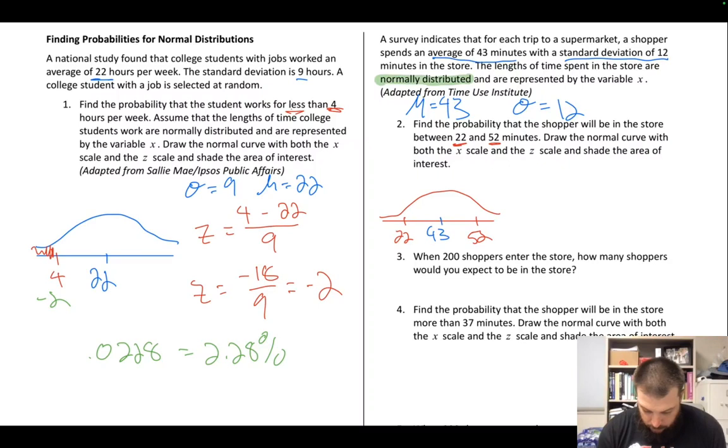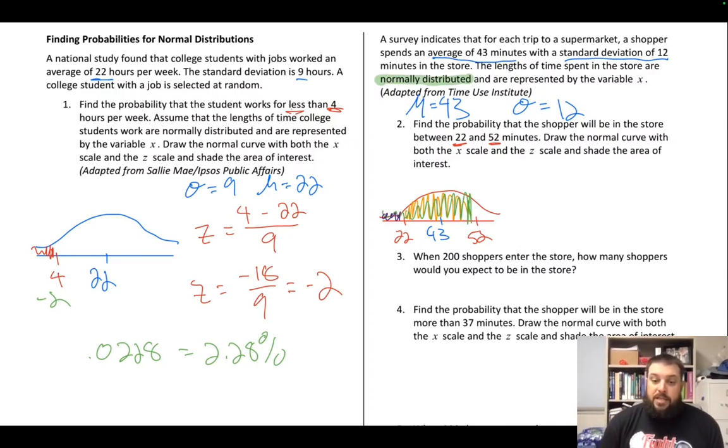So we're really looking for that area in between. But remember, in order to do that, we're going to find the 52 to the left, and then we're going to find the 22, and we're going to subtract those two values.